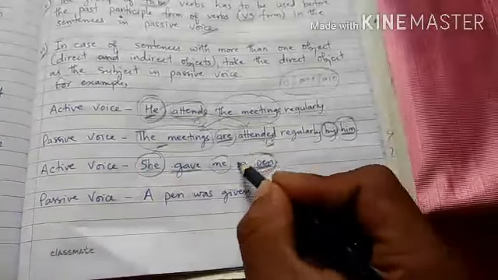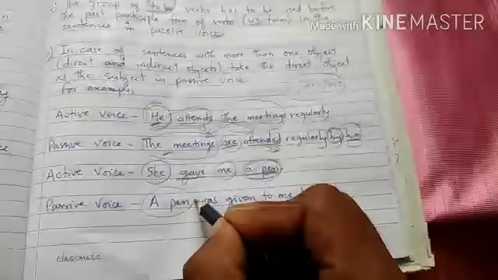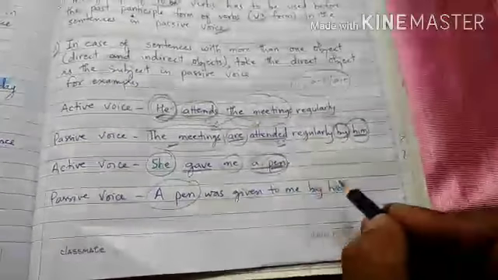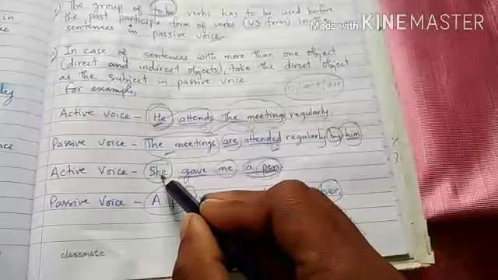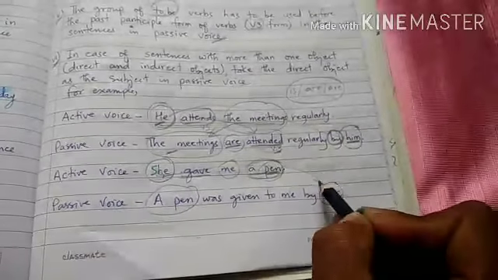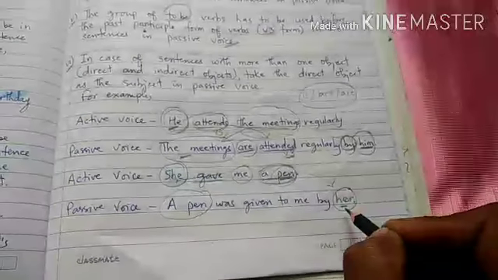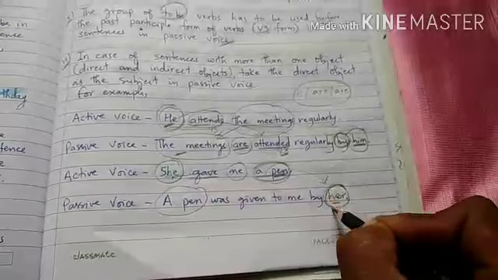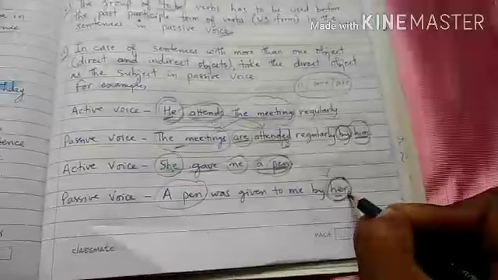Now we have to change this direct object into subject in passive voice. A pen was given to me by her. So her is the object here, which was the subject she. So when we change the pronoun she into object, it becomes her. As I explained to you, before the object in passive voice, we put the preposition by.